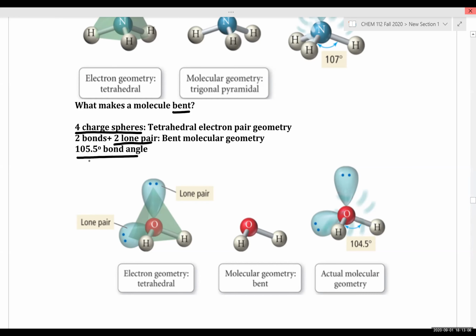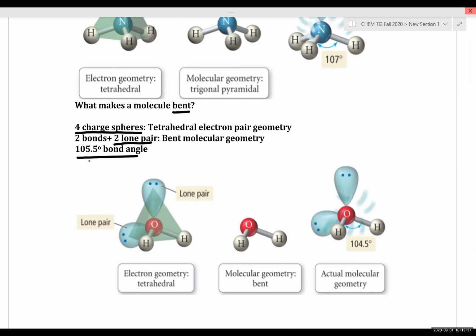It's between 104.5 and 105.5. Depending on your textbook and depending on your instructor, the exact value for this geometry will be a little bit different. That's because different molecules have slightly different bond angles as well.